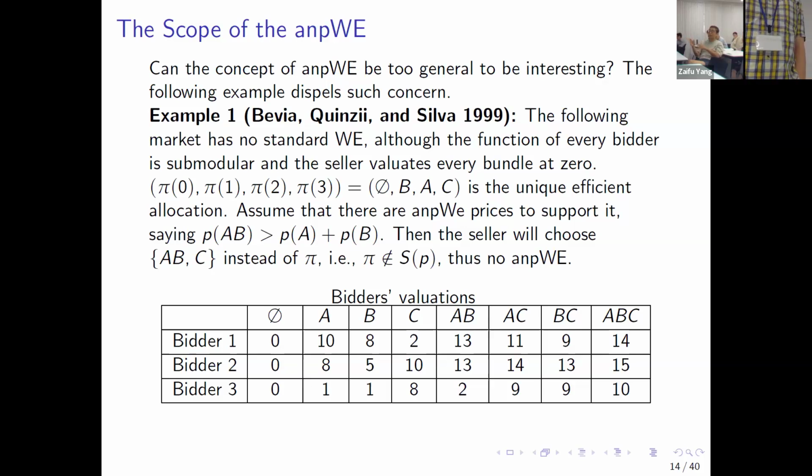One easy way on the consumer side is that what I'm supposed to consume at the equilibrium allocation is not so expensive, and everything else is very expensive. Yeah, exactly. But if that is true, the seller would not choose that bundle. So it's not immediately clear that for the personalized discriminatory problem you can have such a system to support this efficient allocation.